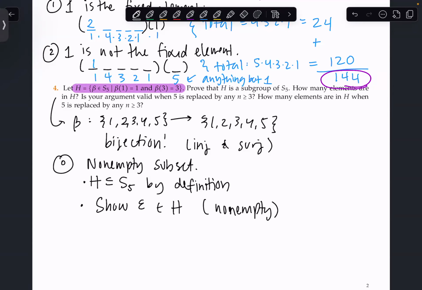So the first thing we need to understand is what is the identity element in the big group, and how do I show something is inside of H? So what is the identity in S5?